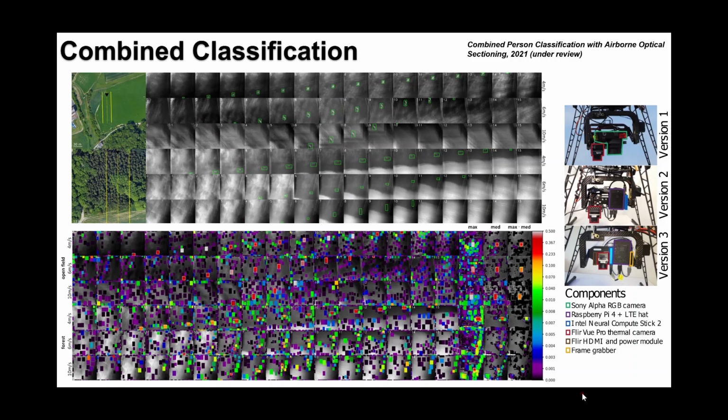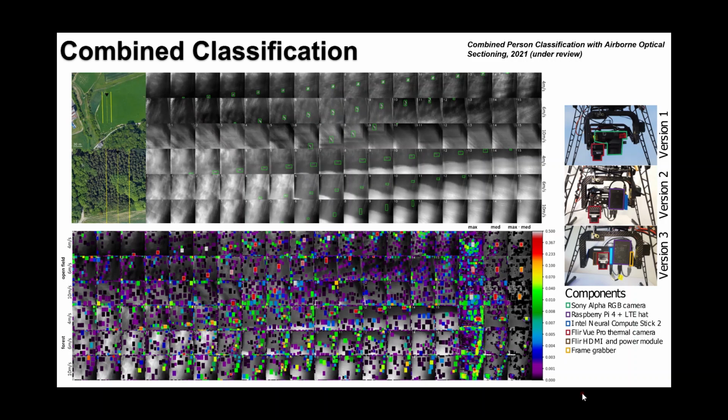And we can also allow the integral images to overlap quite a bit. And because they overlap, we now have multiple chances to detect the same person in multiple integral images.